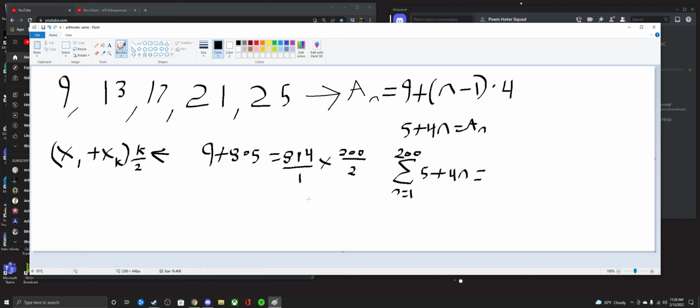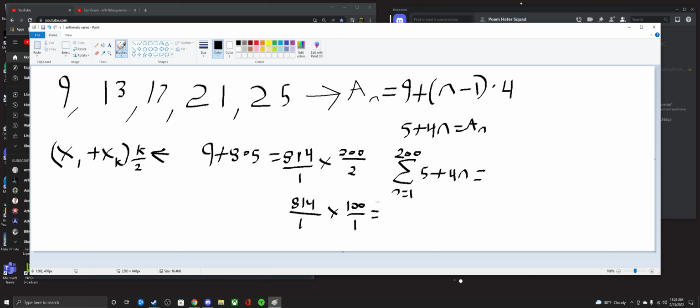We can actually simplify 200 over 2 to 100 over 1, so we'll do that instead. That looks like a y, it's supposed to be a 4. There you go. 814 over 1 times 100 over 1.